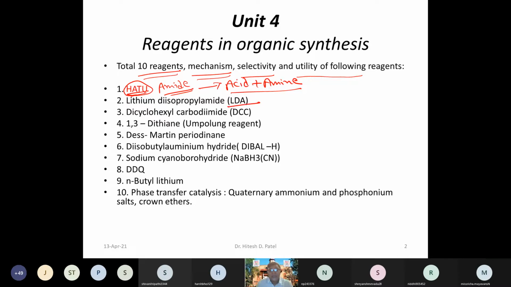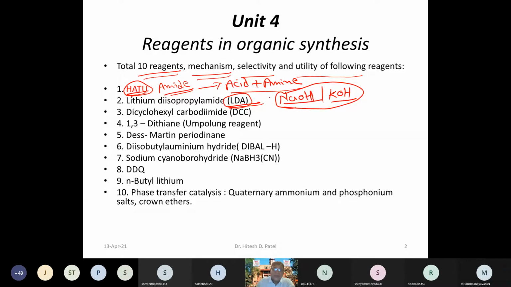Next one is LDA. LDA means lithium diisopropyl amide. This one is known as a base. Normally, when we are talking about a base, in our mind NaOH or KOH is there. But sometimes these bases are not useful for some organic compounds or reactions, because due to the strong basic characteristic of this base, they can destroy or disturb the other functional groups too.